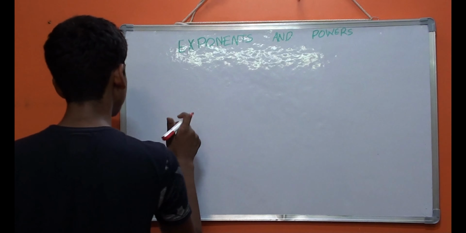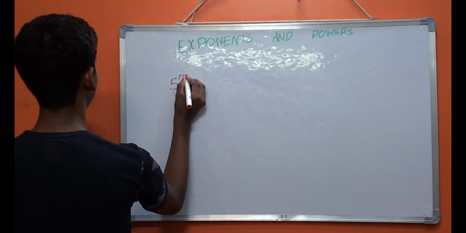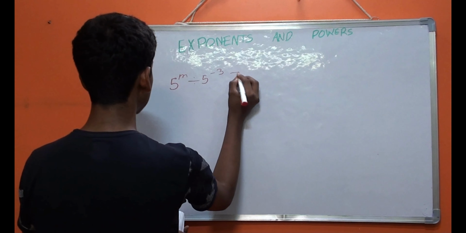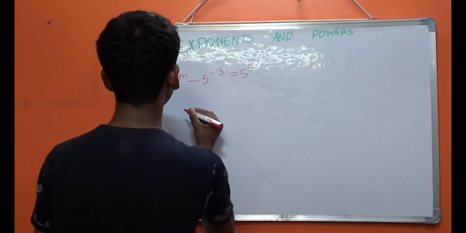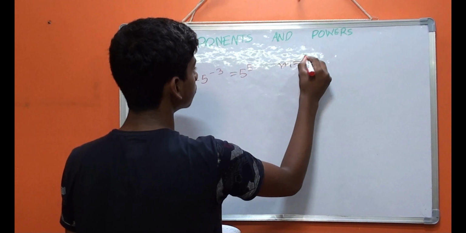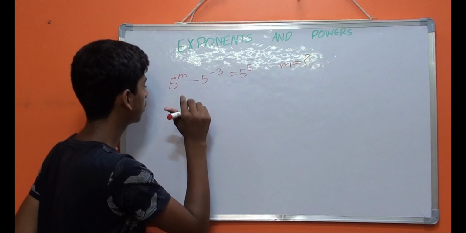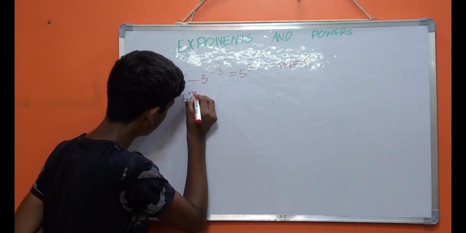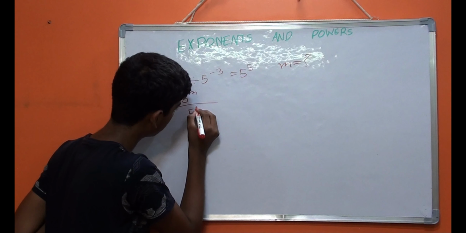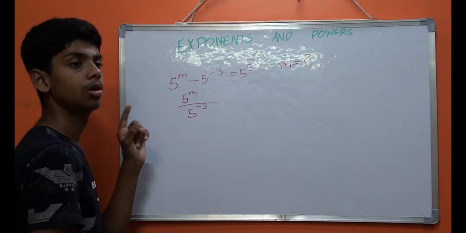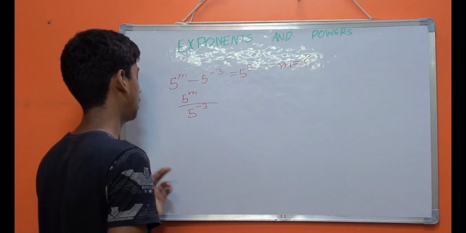So friends, now let's see our next question. Our next question is 5 power m divided by 5 power minus 3 equals 5 power 5. We have to find the value of m. Now let's see how to find the value of m. First, 5 power m by 5 power minus 3. Here a power minus m equals 1 by a power m.